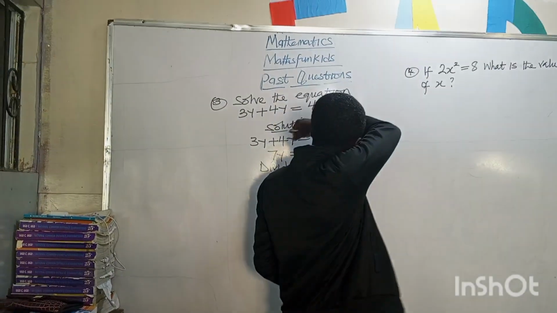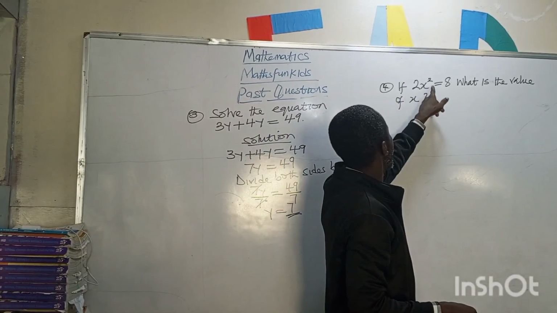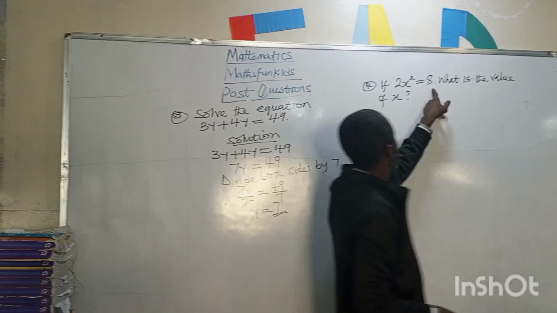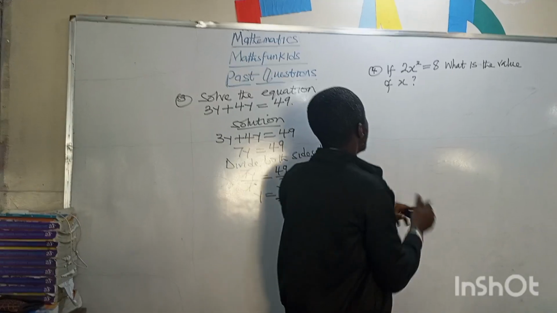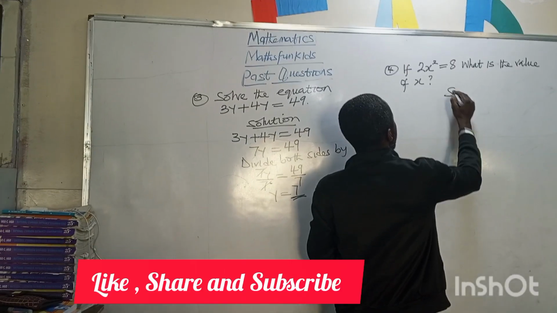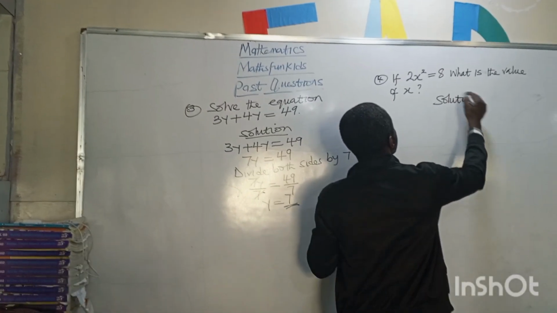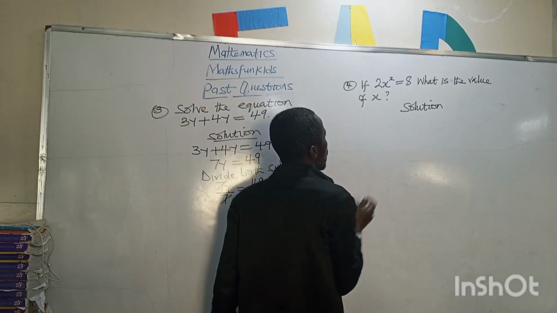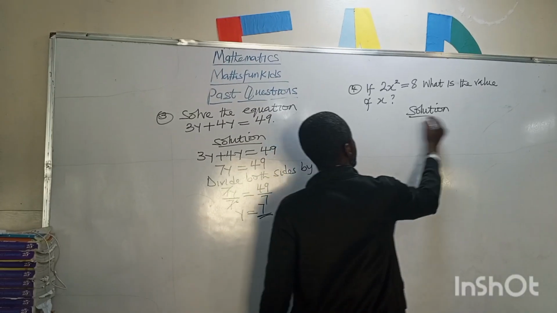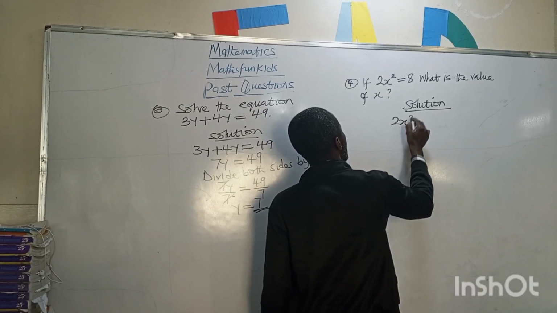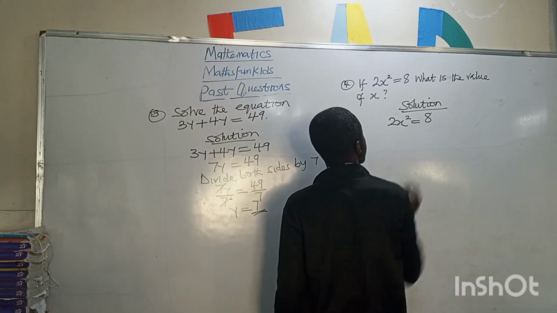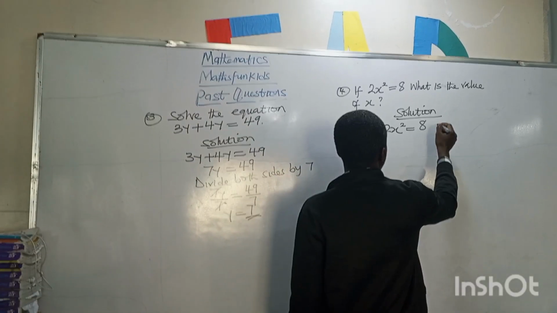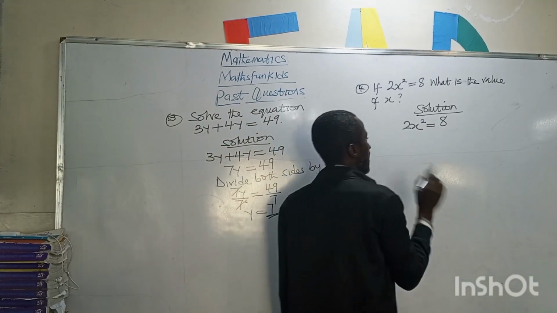Question number 4. If 2x squared equal to 8, what is the value of x? 2x squared equal to 8. We want to find the value of x, not x squared.